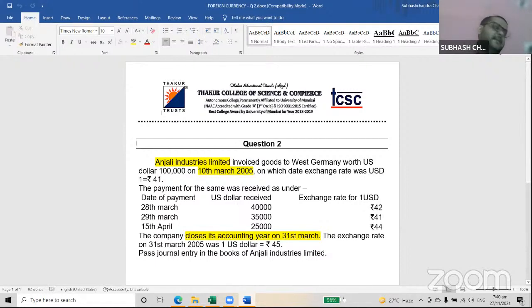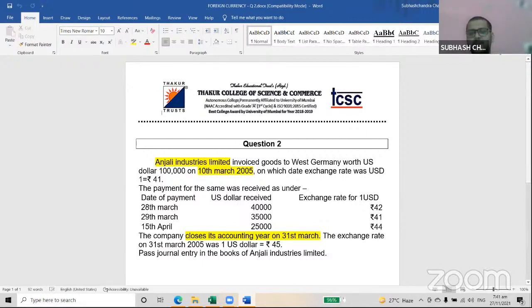As I told you, in foreign exchange, when you start the question, first of all you will decide what is the status of Anjali Industries Limited. Whether we are importer, exporter, debtor, creditor, buyer, seller, whatsoever. What is your status?